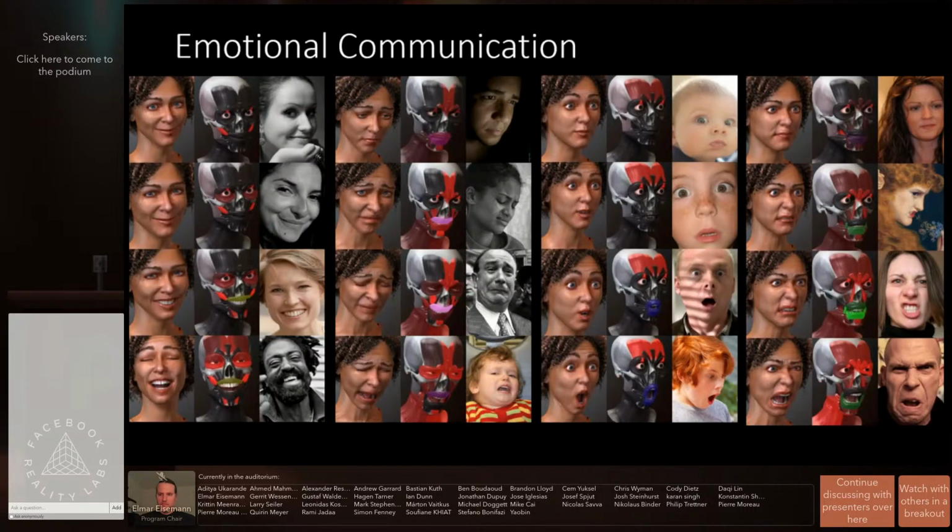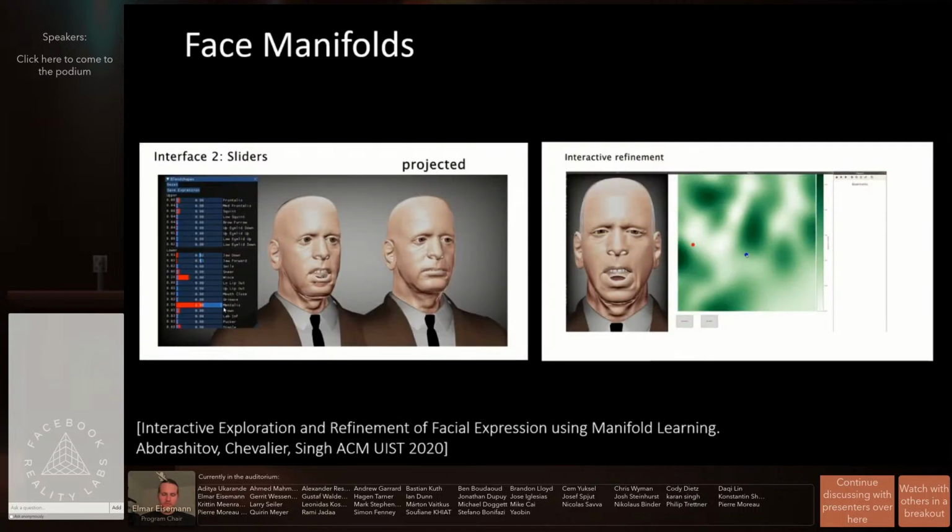In general, the face as an instrument of communication is incredibly complex and high-dimensional. There is a rich set of problems to be solved in the real-time artistic sampling and exploration of this high-dimensional space. Here we see an approach to learning a subspace or manifold of plausible facial expressions that can constrain the interactive exploration of faces.